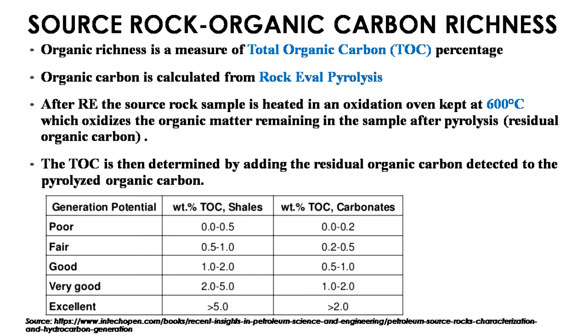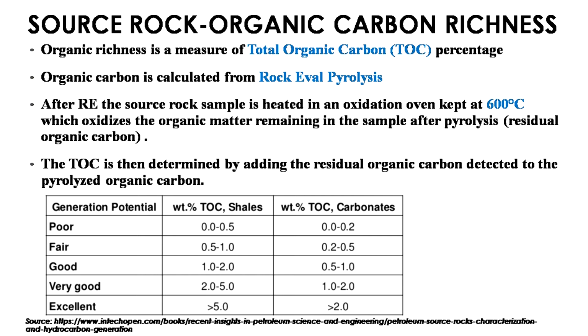Organic carbon is calculated from rock eval pyrolysis. You remember the S3 peak that I talked about, which measures the carbon dioxide. So, from there we have one portion of the organic carbon, but even after heating the sample till 550 degrees Celsius, there might be some carbon left in the sample.